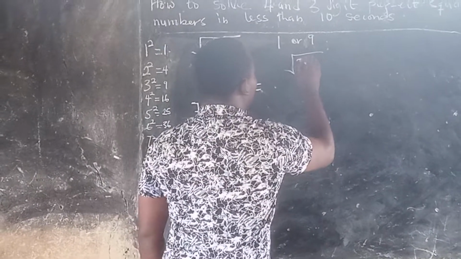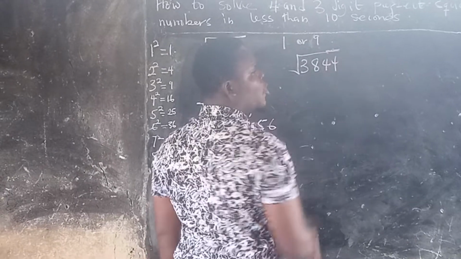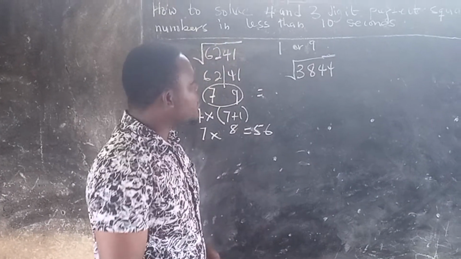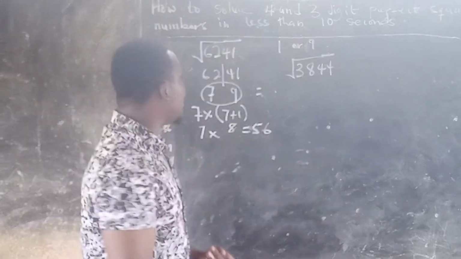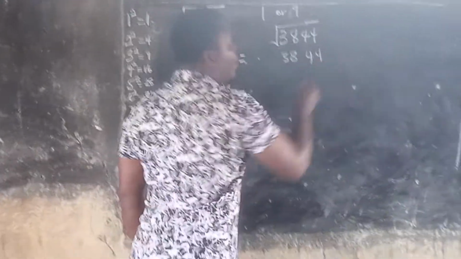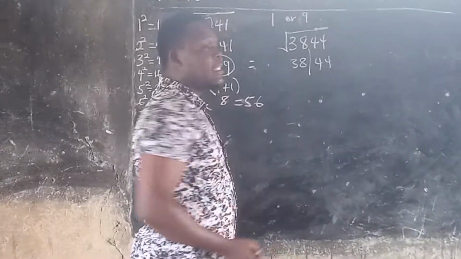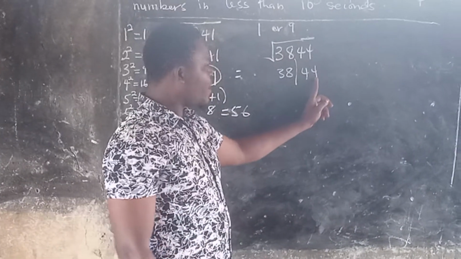The square root of 3,844. We are going to use the same procedure. We divide it into 2. The next step, you have to check the ending.